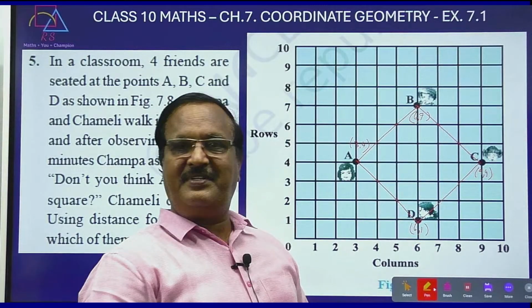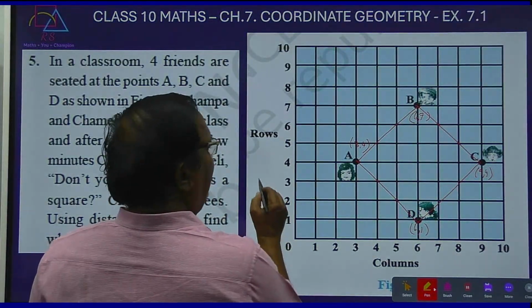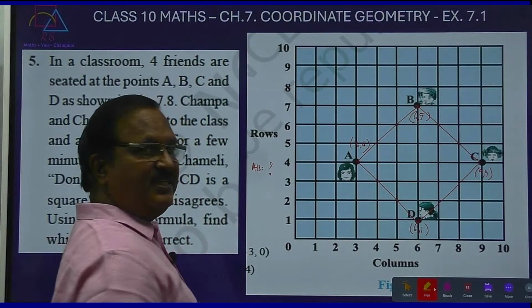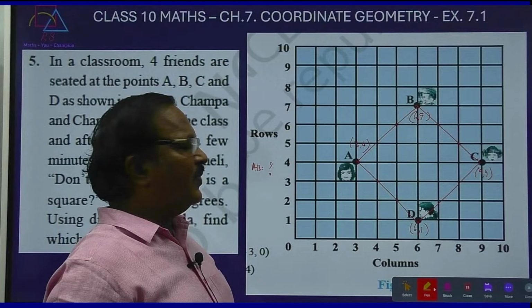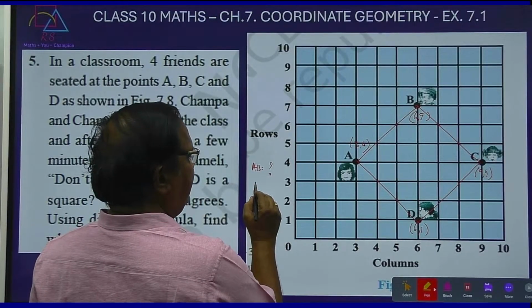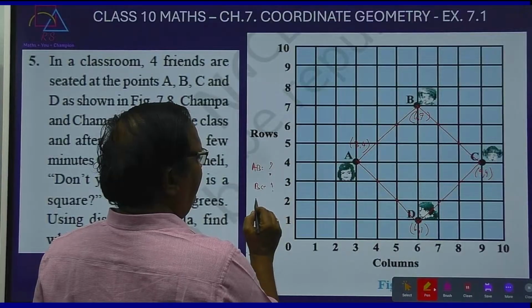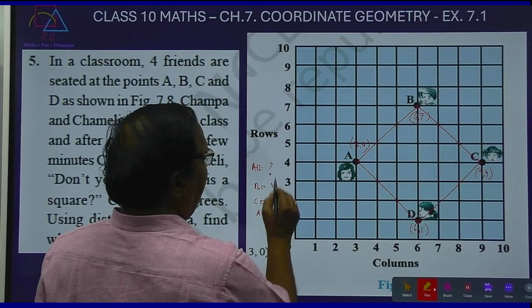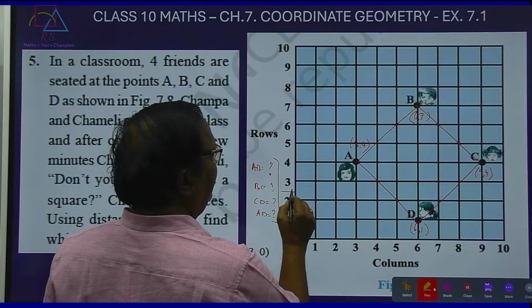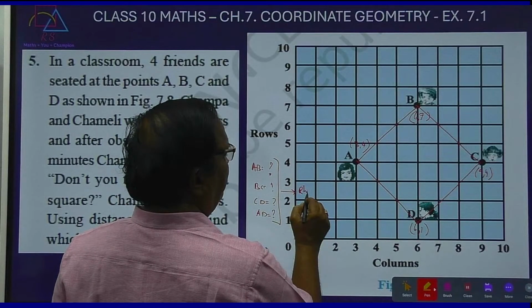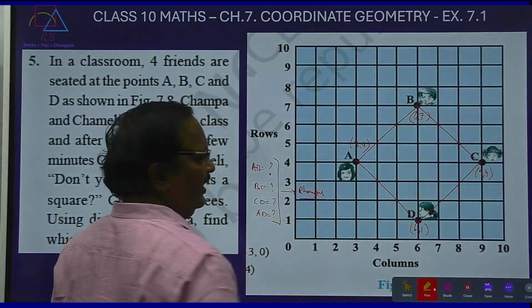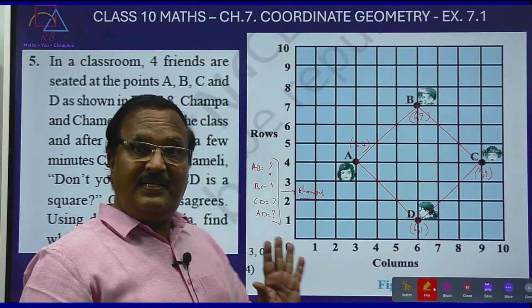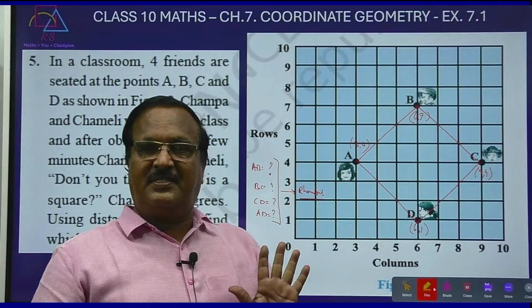So for that, find out AB using the distance formula as previously. Find out BC, find out CD and find out AD. That means if all sides are equal, then it will be a rhombus, not directly a square. If all sides are equal, it is a rhombus. So for a square, there is one more step.